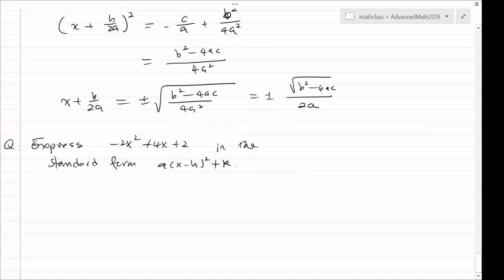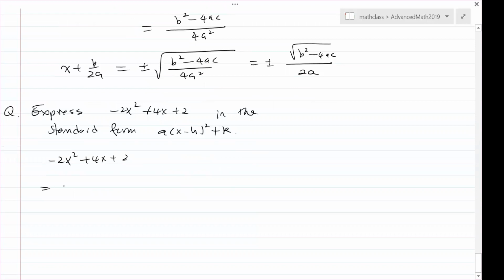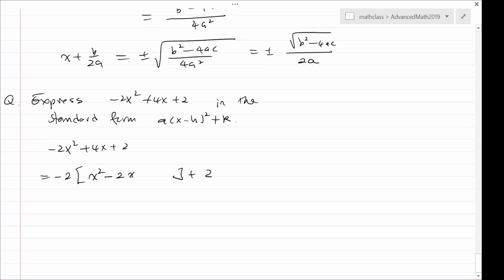Now, how do you solve this problem? I'm going to show you different ways to solve the problem. The direct way is just like what we did for the quadratic formula. So you take negative 2 out, and then write this. And you try to complete the square.